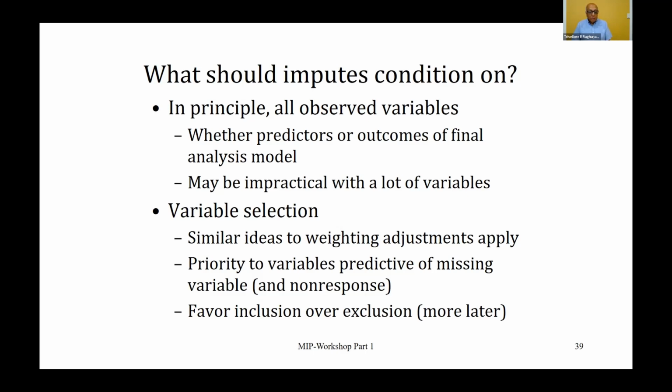So the priority should be variables that are predictive of missing variables and also non-response. And we will favor the inclusion side over the exclusion side. We would like to build as big a model as possible, with as much conditioning as possible.